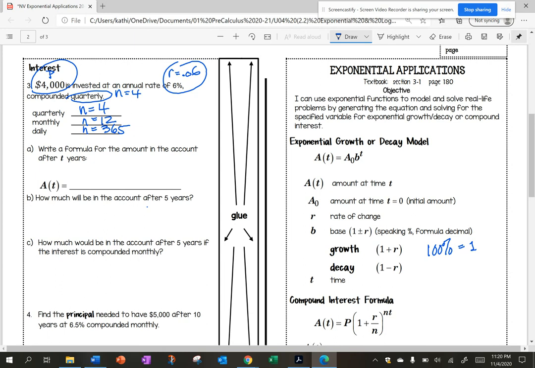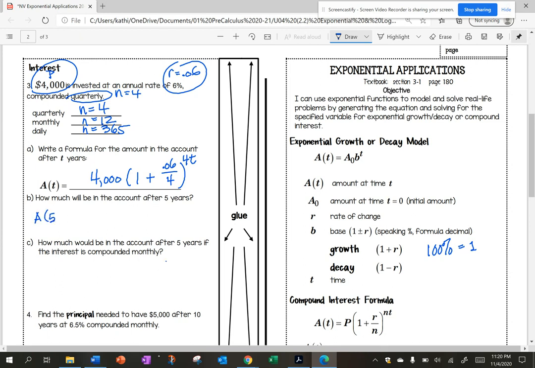Write a formula for the amount in the account after t years. So this would be $4,000 times 1 plus the rate, which is 0.06, divided by the number of times I compound, 4, raised to the n times t, so 4t. How much will be in the account after 5 years?